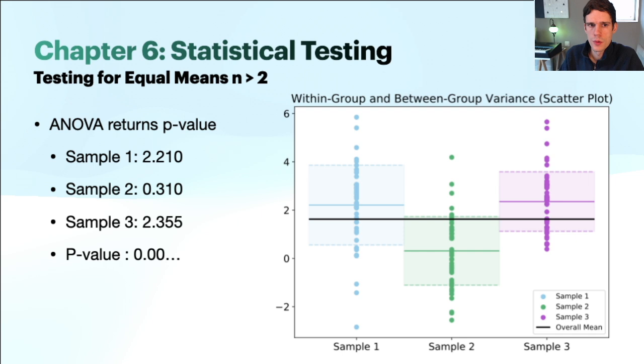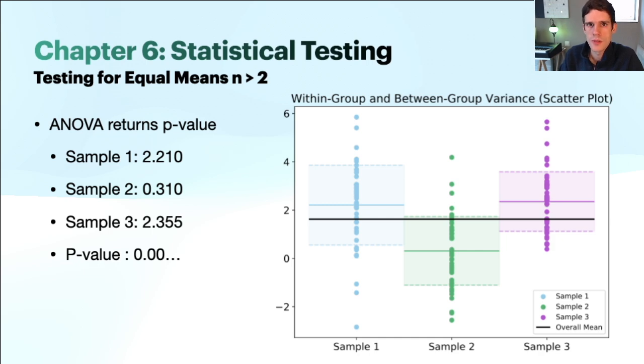The other scenario is the one that we looked at before. Here, if we compute the sample means, we see that clearly sample 2 is not in line with the other two. And this can also be visually seen by the fact that whereas the boxes of sample 1 and sample 3 very much align, and their sample means are almost identical, sample 2 is clearly the odd one out.